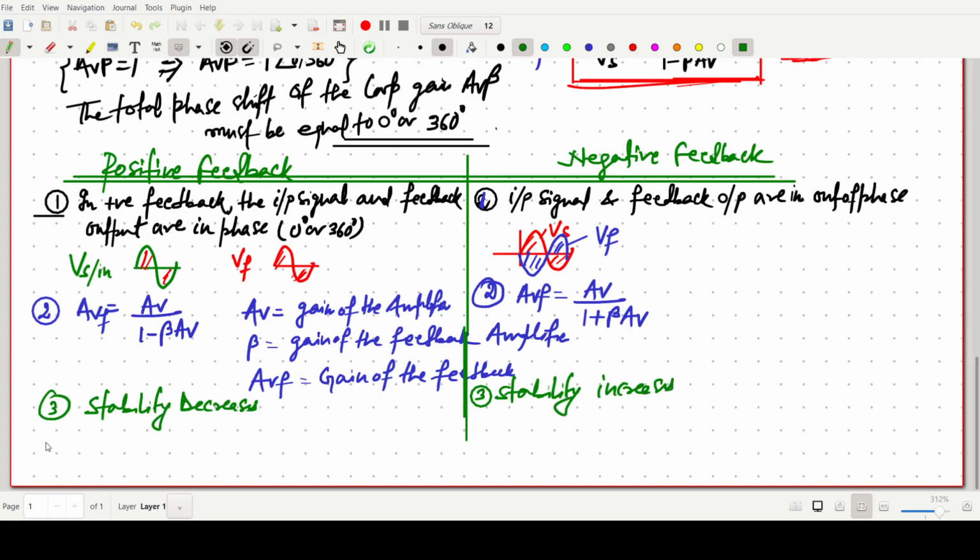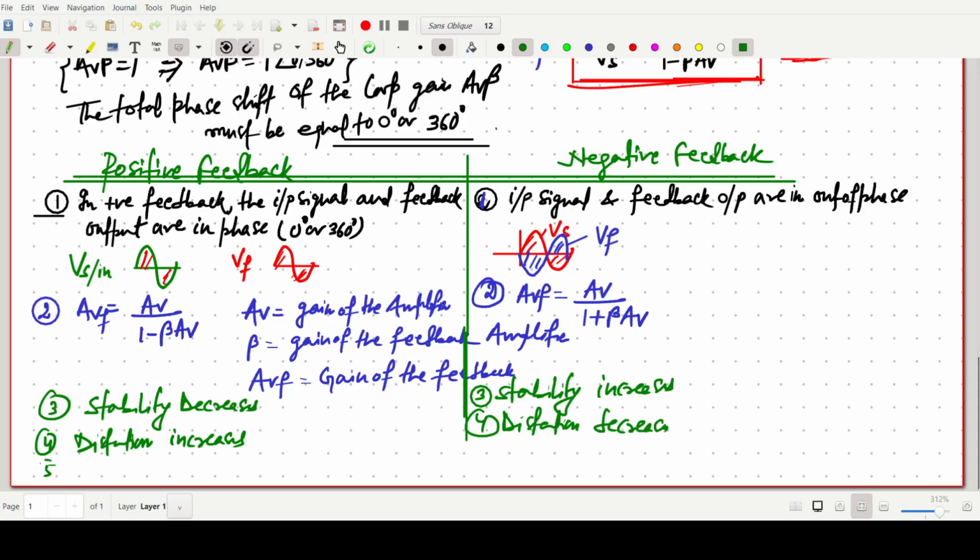And the fourth point: in case of positive feedback, the distortion increases, and in negative feedback, distortion decreases.